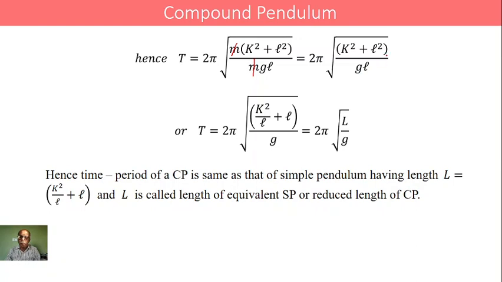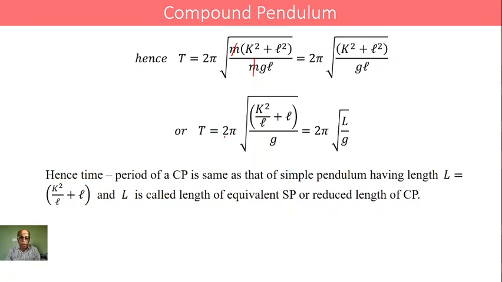Or, taking l common in the numerator, we get (k square by l plus l) divided by g. And that l taken common gets cancelled with the l in the denominator.